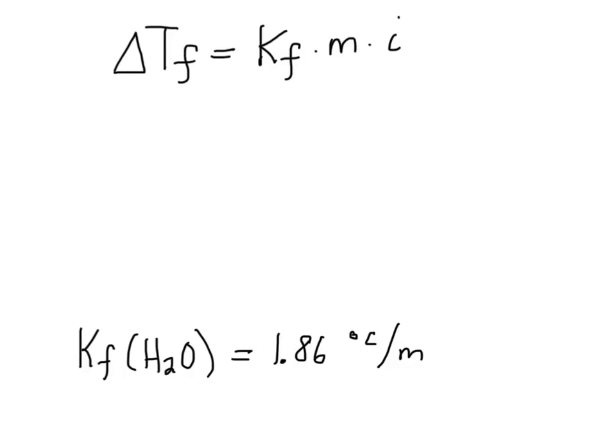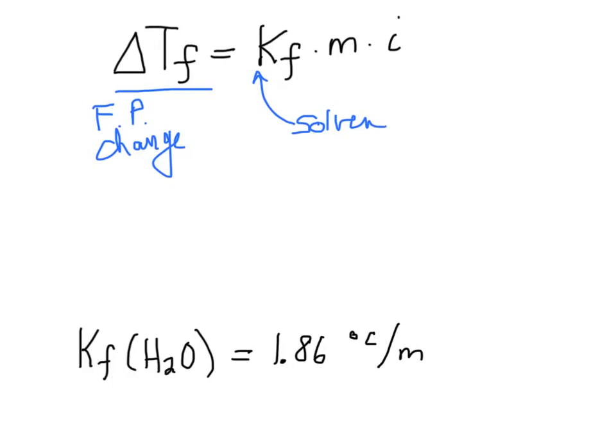So we can calculate how much the freezing point changes. This is the freezing point change, not the actual freezing point, but the change. This is a constant. Remember, it's based on the solvent, so it'll always be given to you. This here is molality.